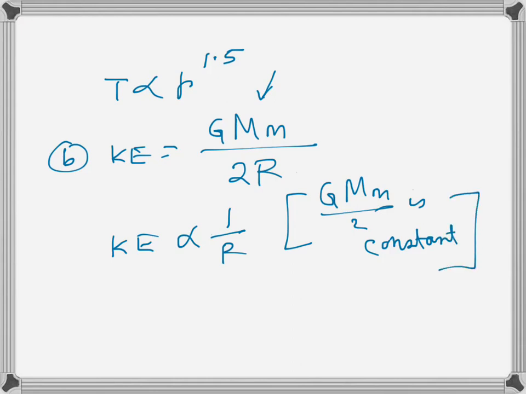So K is proportional to r to the power minus 1. Sorry, let's use lowercase r, because uppercase R is the radius.